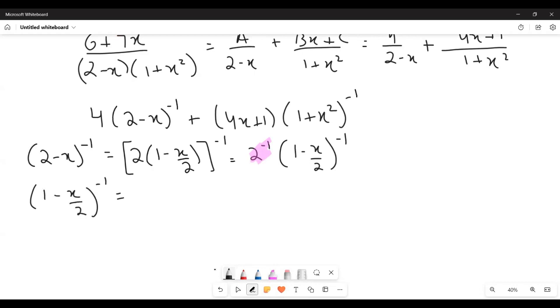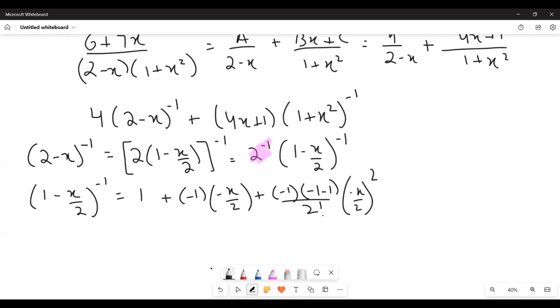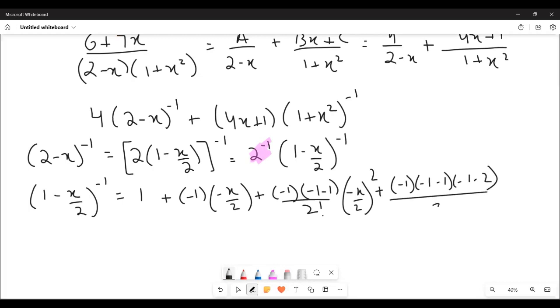So that would be 1 plus nx plus n times n minus 1 upon 2 factorial x square plus n times n minus 1 times n minus 2 upon 3 factorial times x cube.